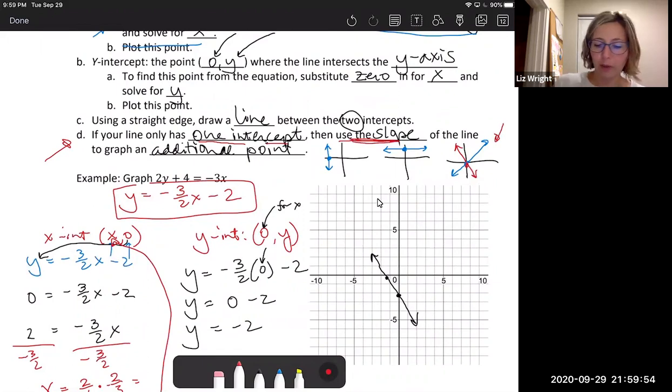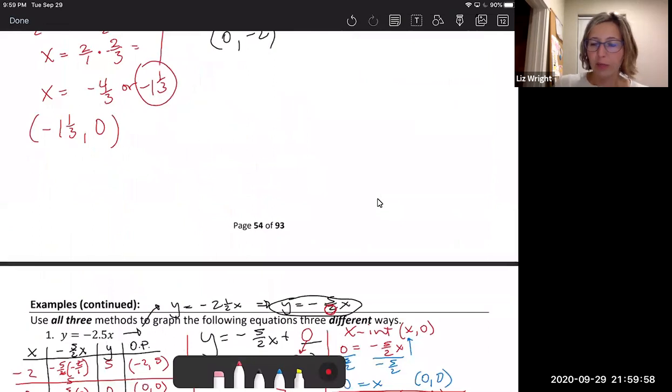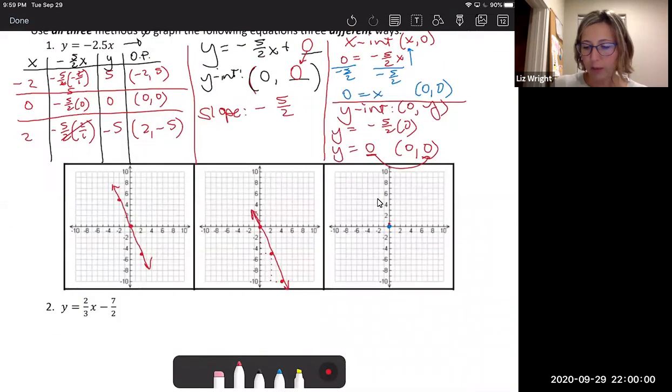So we know our slope is -5/2, so this time I'm going to go up 1, 2, 3, 4, 5, left 2, and it's going to be right there. Then when you're looking across all 3 of your lines, they should look exactly the same, same slope, same shape. Did we use different points? Yes. But is that a problem? No, because all of those points are going to lie on the graph of the line. So it's going to be fine.